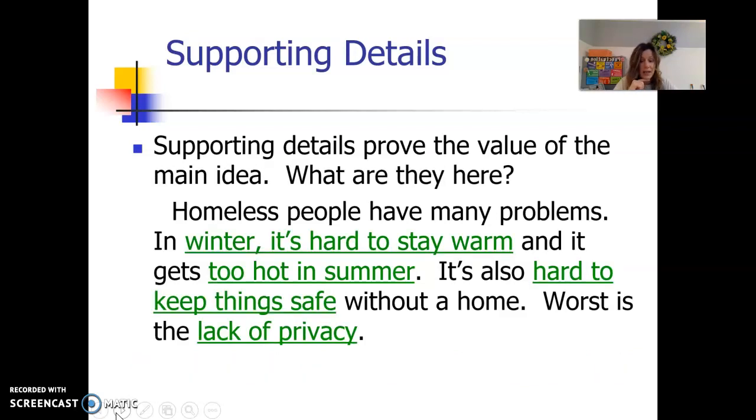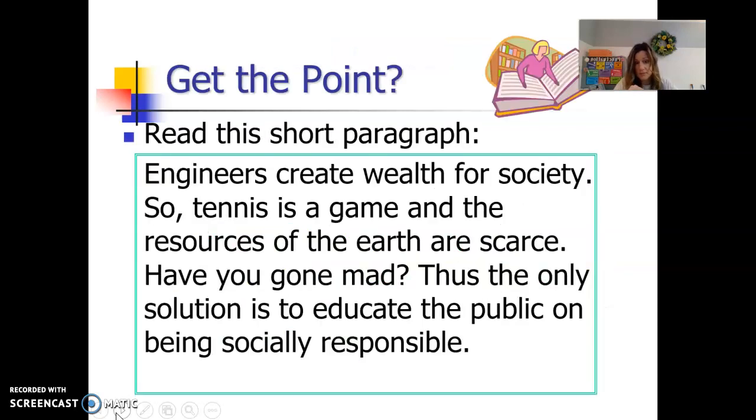Hopefully, you highlighted: in the winter, it's hard to stay warm, too hot in summer, hard to keep things safe, and there's a lack of privacy. So make sure you have those highlighted before you move on.